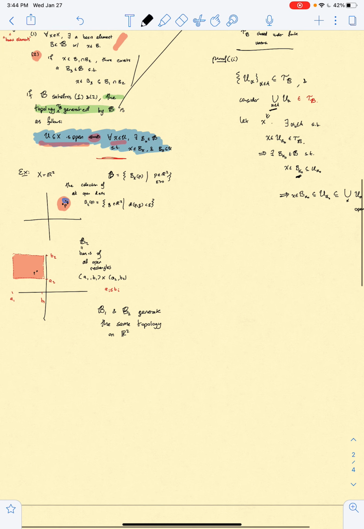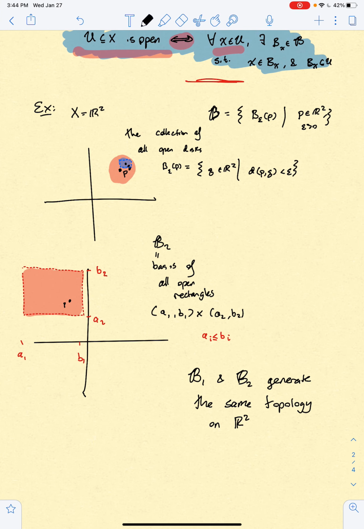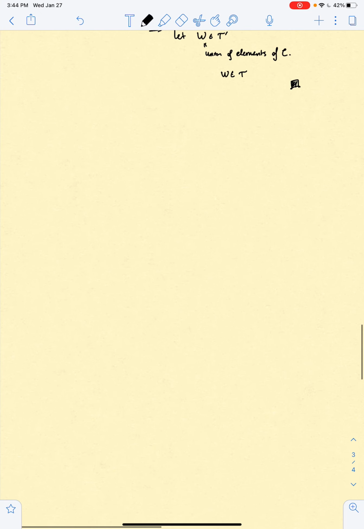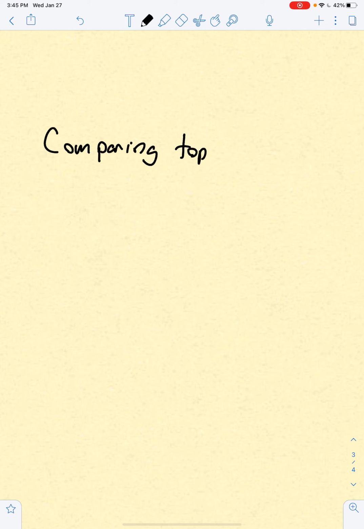So I want to make more rigorous this little thing I was drawing before, how I can compare two topologies on bases. Just reminiscent of what we did last lecture, comparing different topologies like coarser and finer and so on.